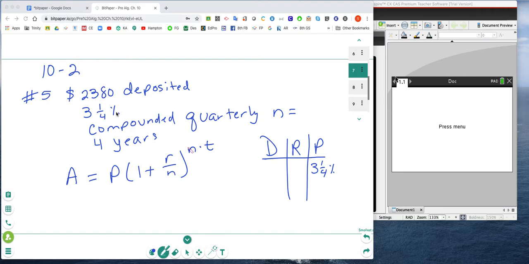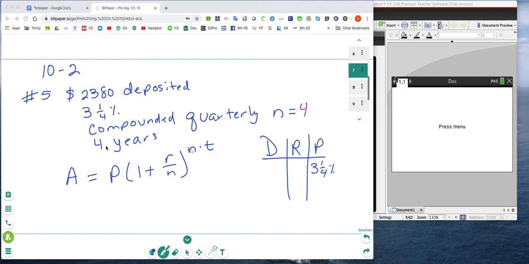Percent sign's kind of our hint that that's our rate. It's compounded quarterly. So if it's compounded quarterly, think of how many quarters are in a dollar. That's right. 4 is going to be our N. And it's going to be done for 4 years.